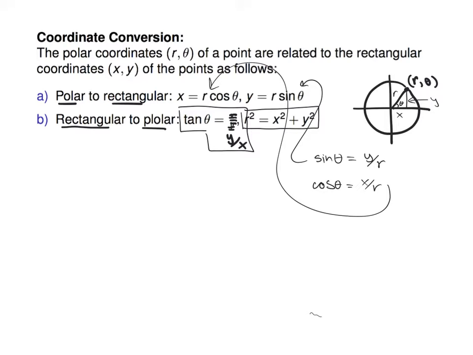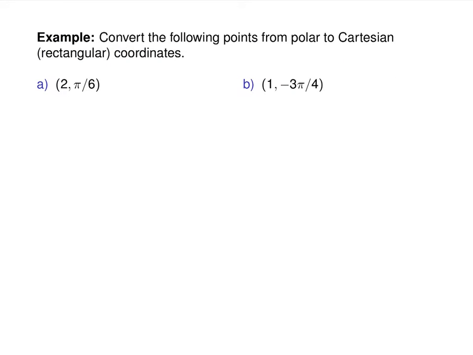And in the case of a unit circle, your R is 1, right? X is 1 cosine theta, Y is 1 sine theta. So let's convert these points from polar back to Cartesian. X equals r cosine theta, Y is r sine theta. So that's 2 times cosine of pi over 6.